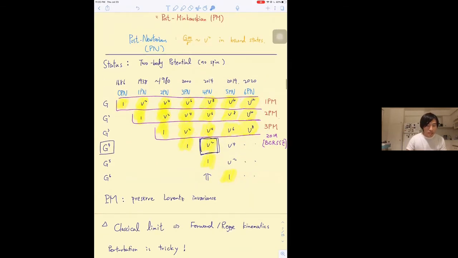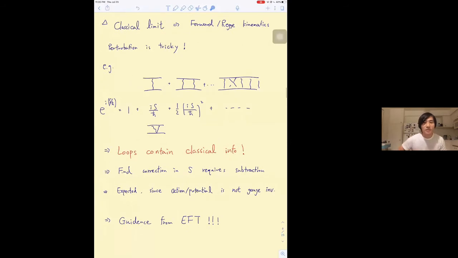Okay, very good. So I mentioned earlier that the classical limit, the kinematics, from this point of view, corresponds to the forward or the Regge kinematics. But that's something that should ring your bell, because perturbation in this special kinematics is usually very tricky. So let's take a very simple example. At tree level, the dominant diagram is given by this G over T. And let's count what's the next dominating contribution from the 1 loop.